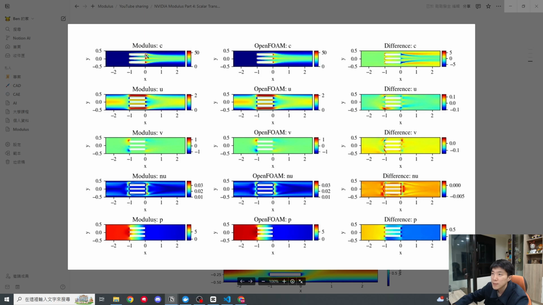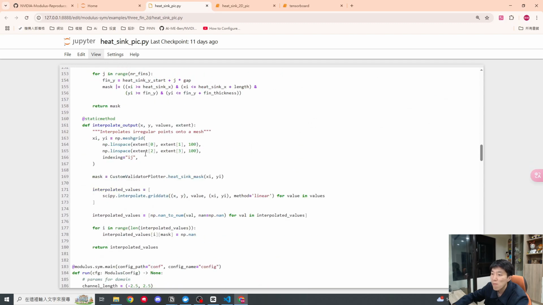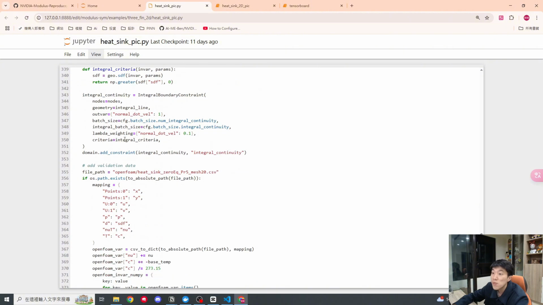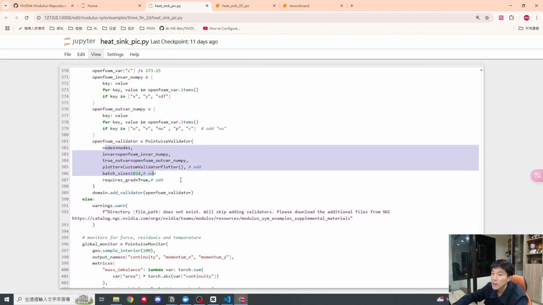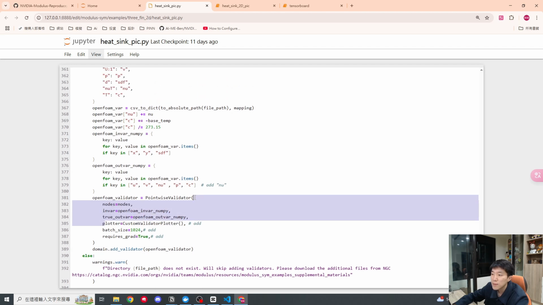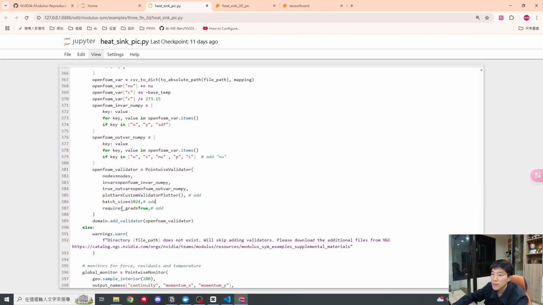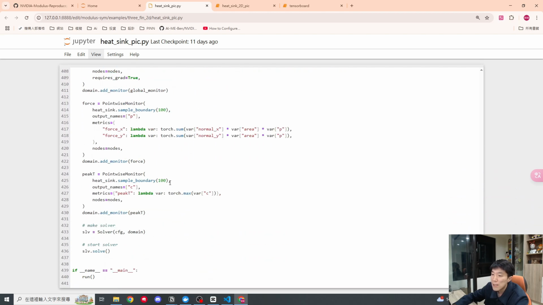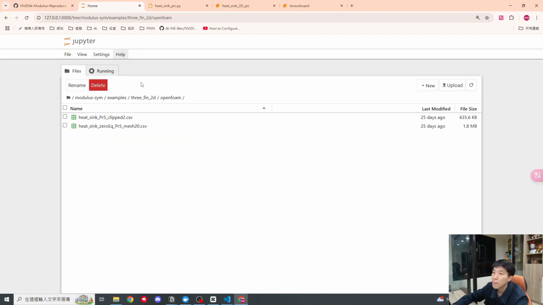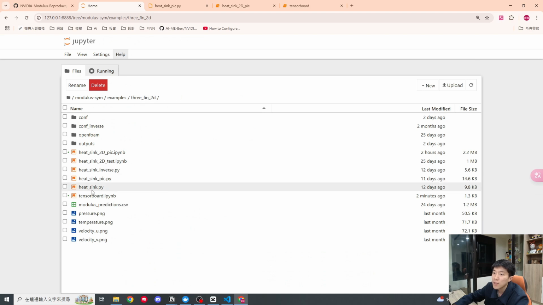So we need to mask the heatsink. And here we need to change this validator plotter and the batch size and require grid. That is all I modified in the original heatsink Python file.